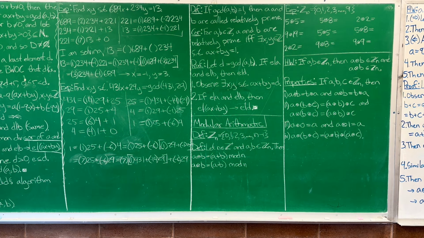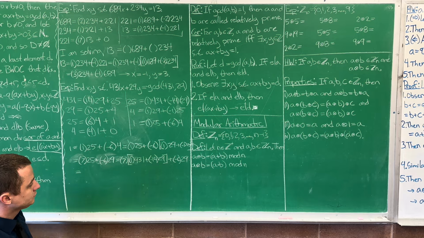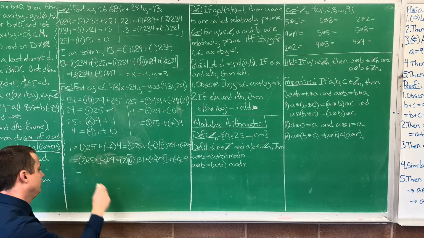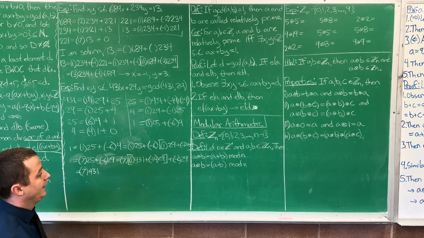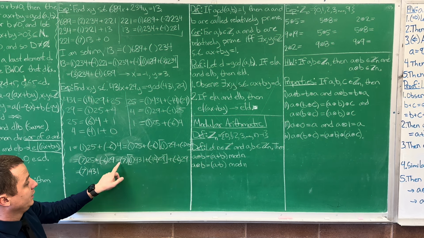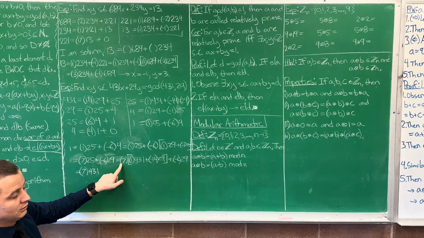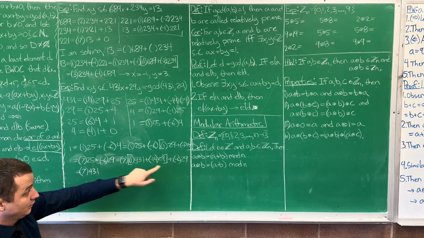So now, how many 431s do I have? 7. So I have 7 431s. And how many 29s do I have? Negative 14 times 7, right? So what's that going to be? 98. Negative 98 minus 6.